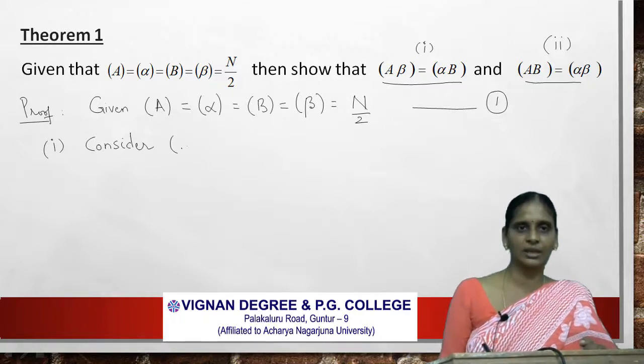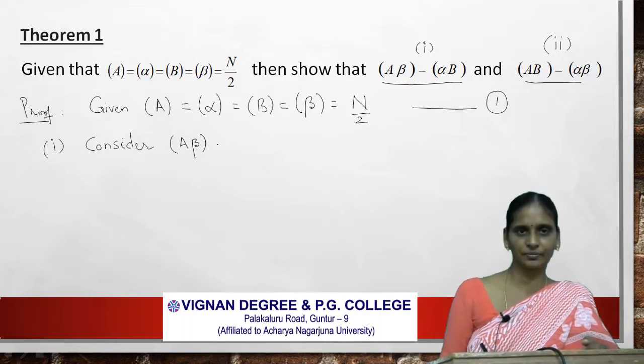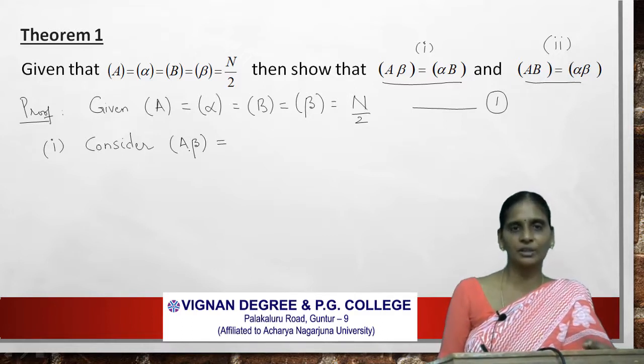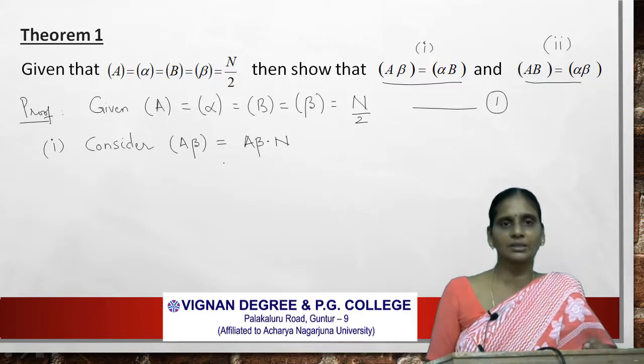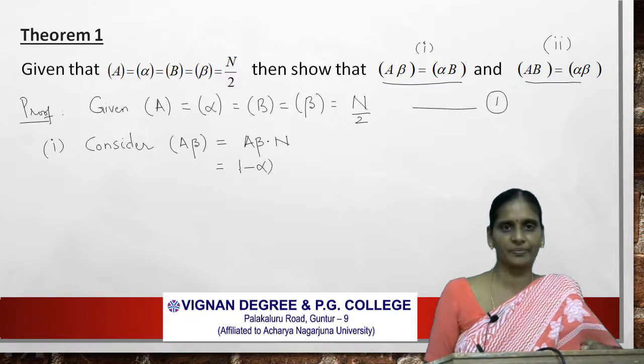Frequency of A beta can be written as A beta into n, and this is equal to A can be replaced by 1 minus alpha, beta can be replaced by 1 minus b, into n.